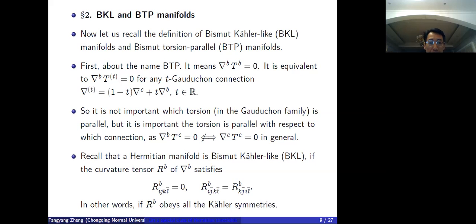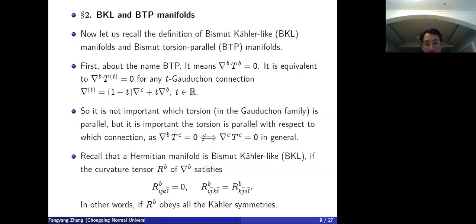So if you impose the condition that the Bismut curvature behaves like the Kähler case, then this is a restriction, right? It doesn't imply the metric has to be Kähler because there are non-Kähler examples, such as the Hopf surface we saw, in which case the Bismut curvature is totally zero.